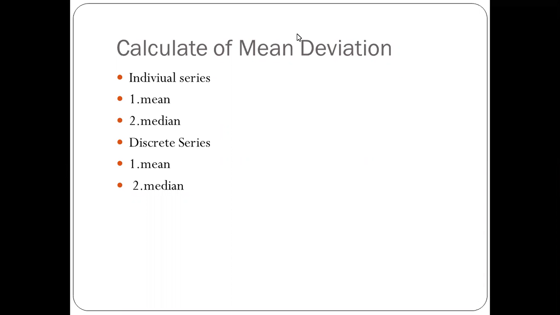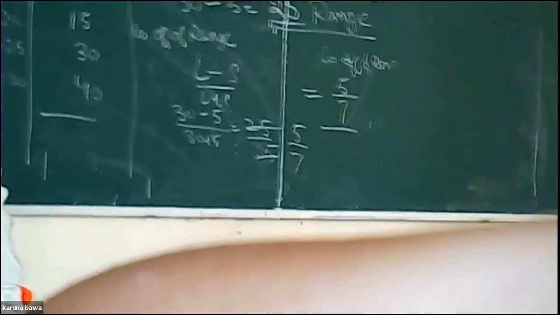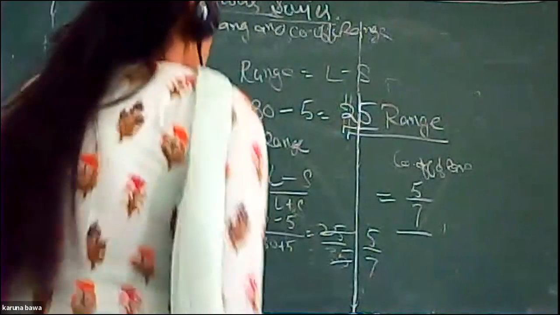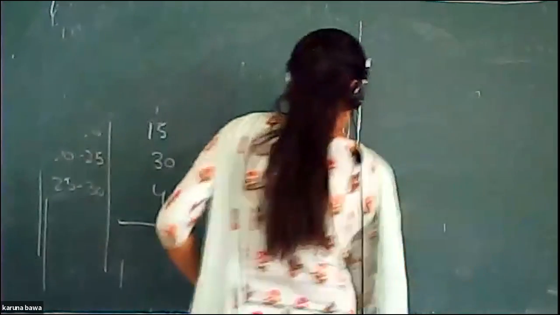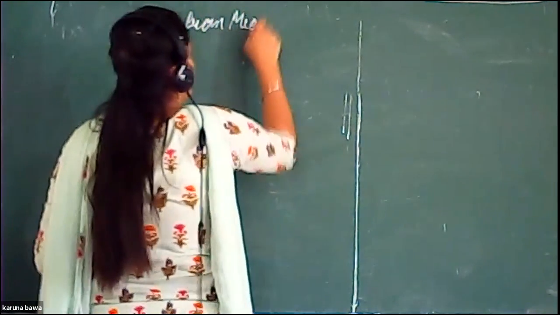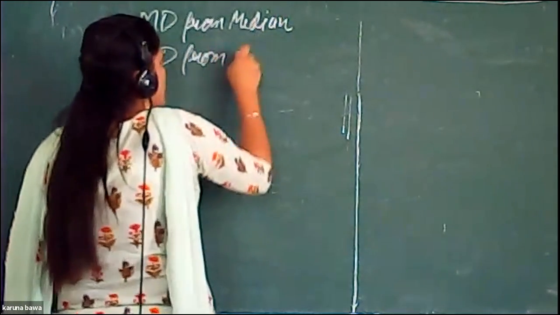First of all, start with the formula: mean deviation from median and mean deviation from mean.